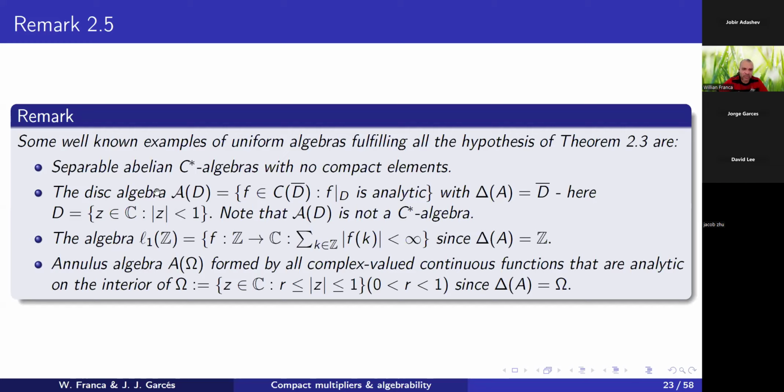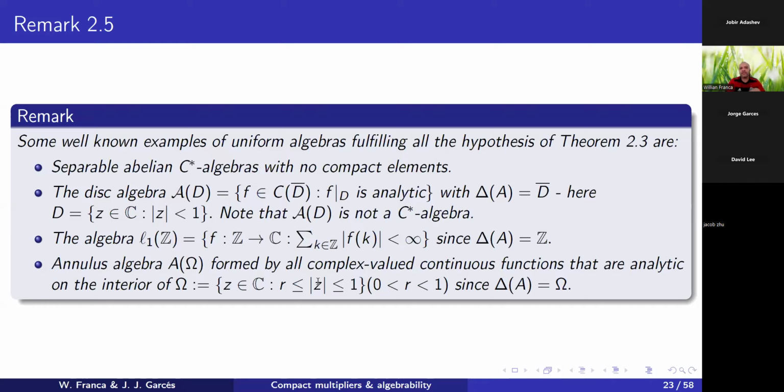We can also consider the disk algebra. We don't have to enter into the details, but the main point is that the disk algebra is not a C-star algebra, which shows that we definitely consider a larger class than just the C-star algebras, so our class is a little bit bigger. The same holds for this algebra, and also the analysis algebra.